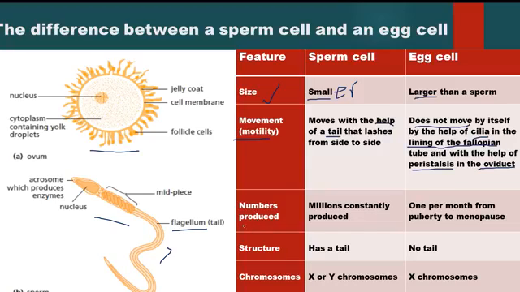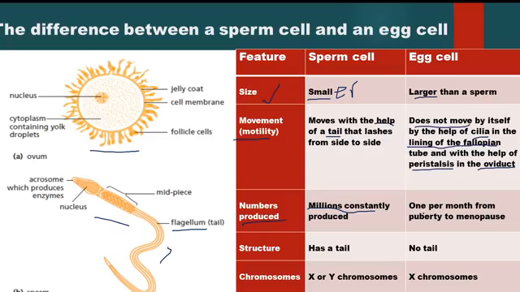Correct? Then when you come to the number produced, sperm cells, normally they're produced in millions, constantly. But the egg cell, the egg will only have one per month. So when one ovary produces the egg this month, the other one will produce next month.